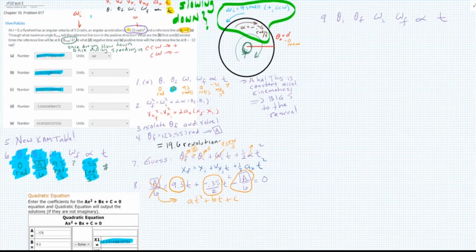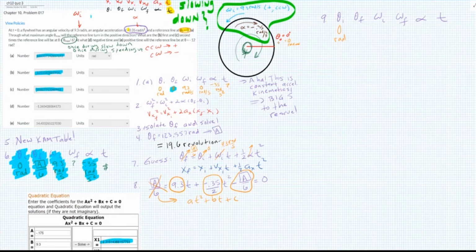So here I'm starting out at 0 radians. It says at what negative time and what positive time will the reference line be at theta equals negative 12 radians? Negative 12 radians times 360 divided by 2 pi is about negative 600 degrees, negative 688 to be more exact. So it's almost 2 reverse revolutions.